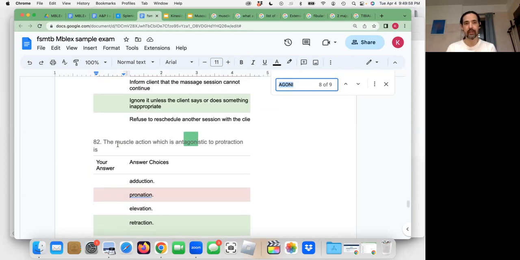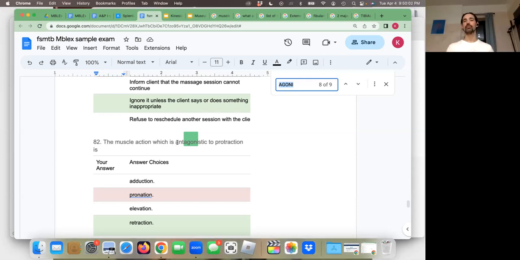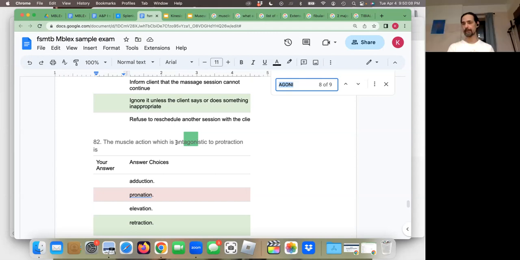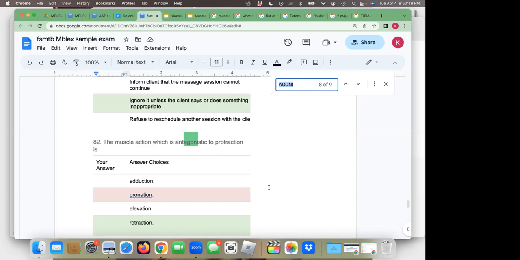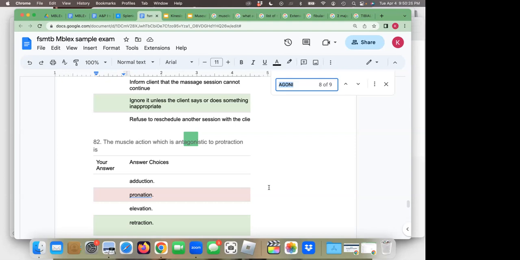Next one. The muscle action which is antagonistic to protraction. Where does protraction happen? What bone? What set of bones do we protract and retract? The jaw? No, the shoulders.